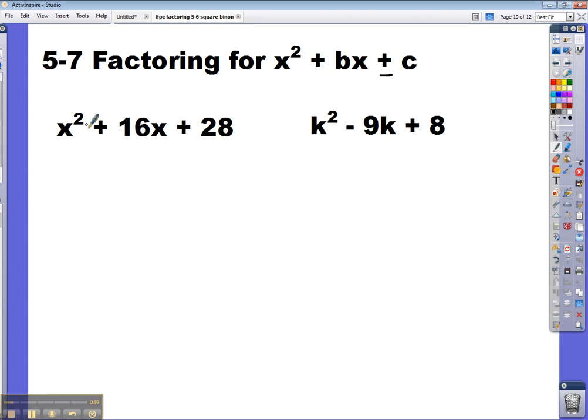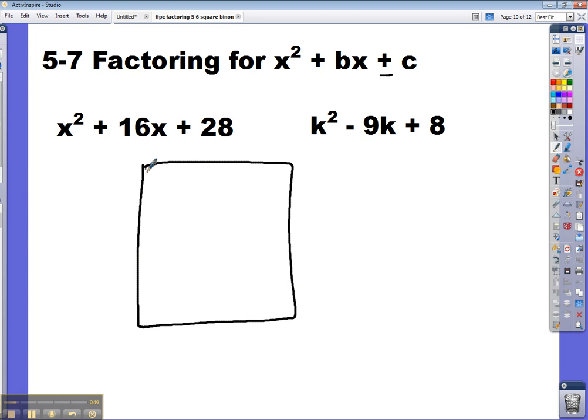We have x squared plus 16x plus 28. Well, we could start with our square. What would the area be for our square? Or for this first one right here, I'm sorry, right here. X squared, which would make this side length x, this side length x.